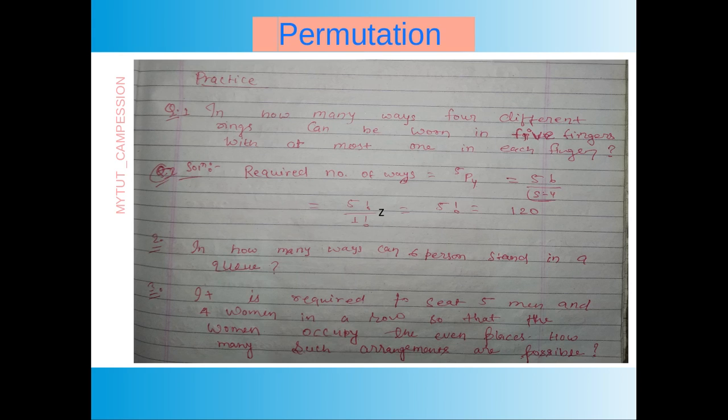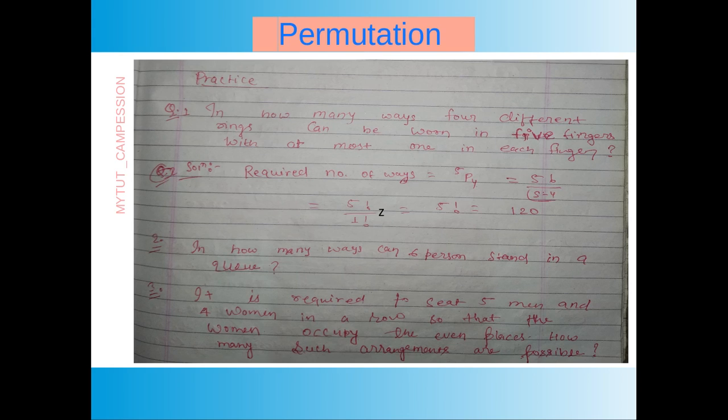So the answer is 6 factorial. A queue is where persons can be arranged in a row. So how many ways can you arrange them? The answer is 6 factorial, because here n is equal to 6 and r is equal to 6.